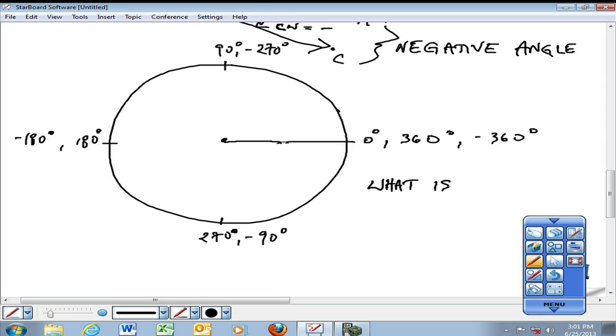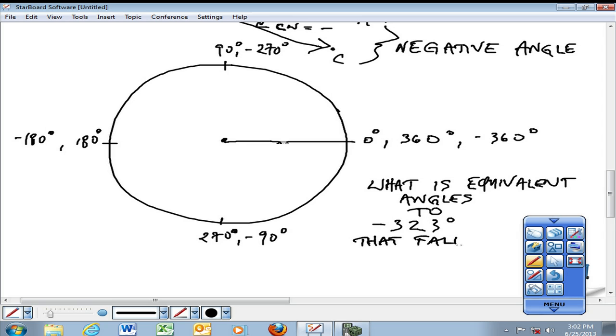What are equivalent angles to negative 323 degrees that fall between negative 180 degrees and 180 degrees?